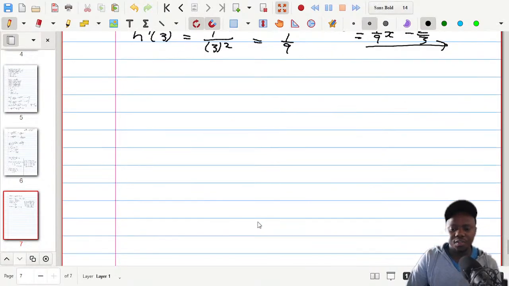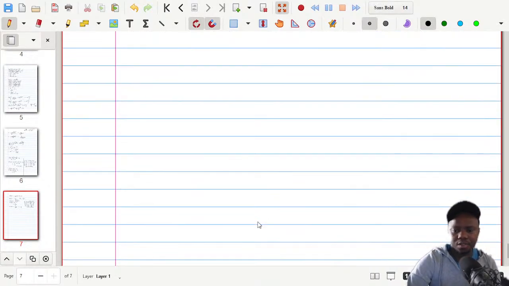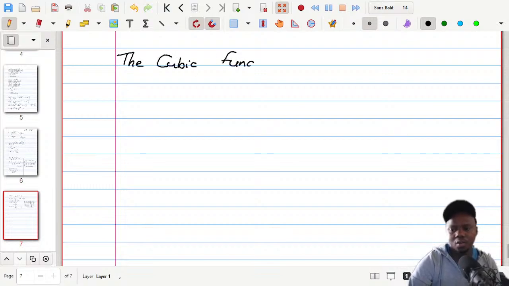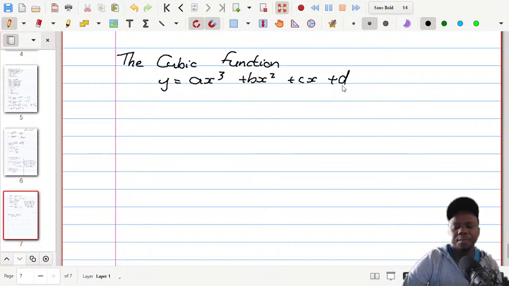Let's, of course, start with the x-intercepts. So let me just put it down here, the cubic function. If we have an equation, y is equal to ax cubed plus bx squared plus cx plus d, we need to find the x-intercepts of this equation.